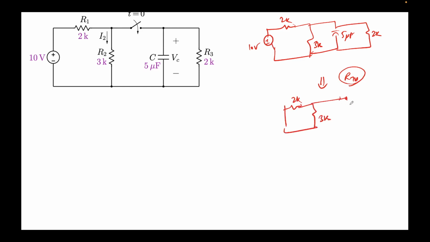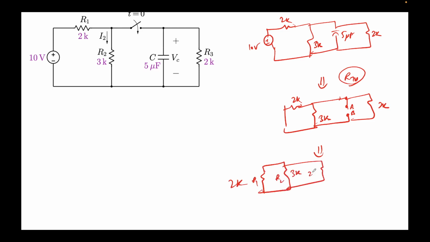These are the nodes across which we want to find the Thevenin equivalent, across the capacitance, and here we have one more 2K. So I'll draw this now: 2K, this is R1, 3K, this is R2, and then again 2K, this is R3, and here we have our capacitor, denoted by A and B.